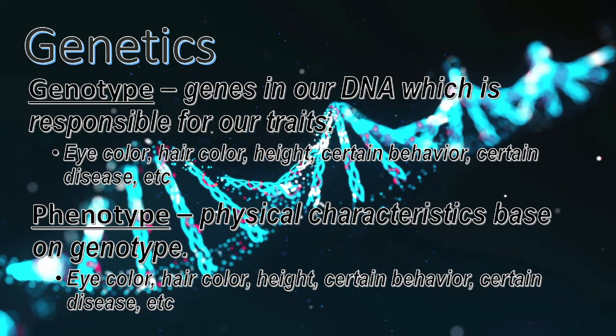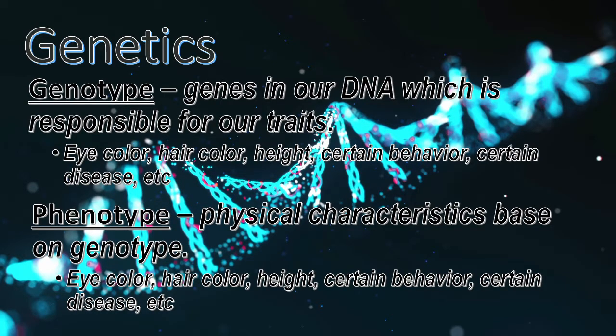Genotype is the genes in our DNA that are responsible for our traits, like for example eye color, hair color, height, certain behavior, and certain diseases, etc. And phenotype is the physical characteristics based on genotypes.